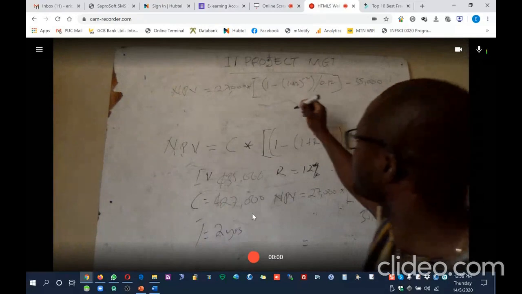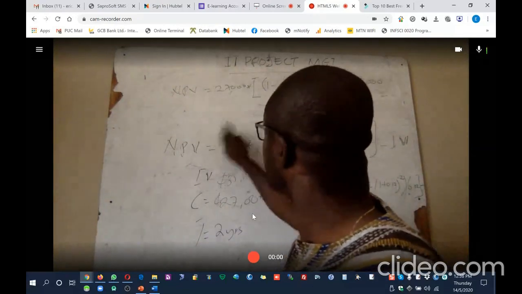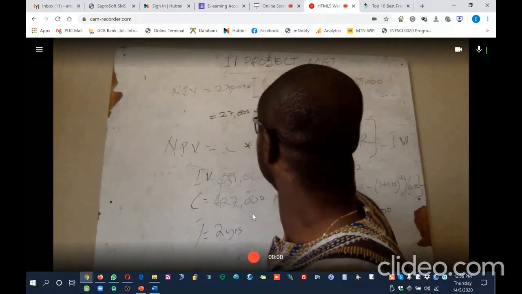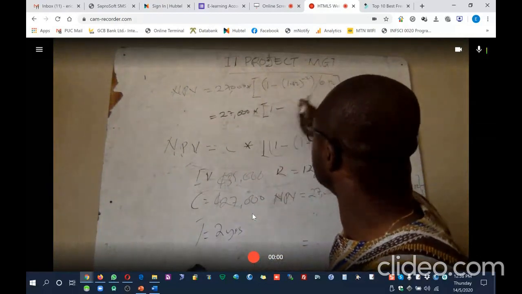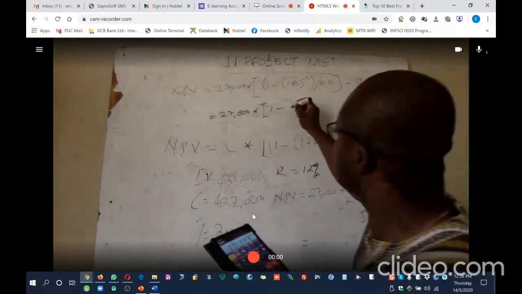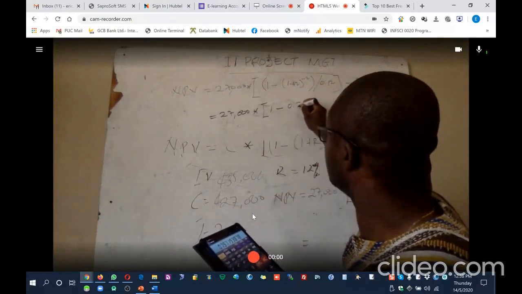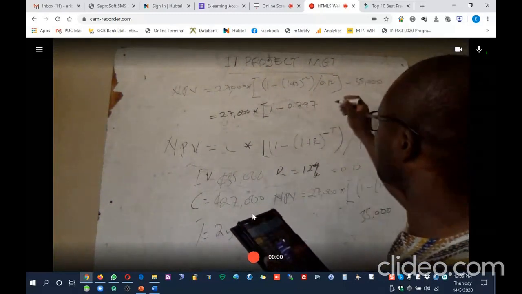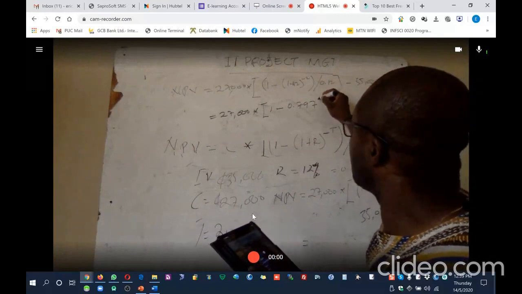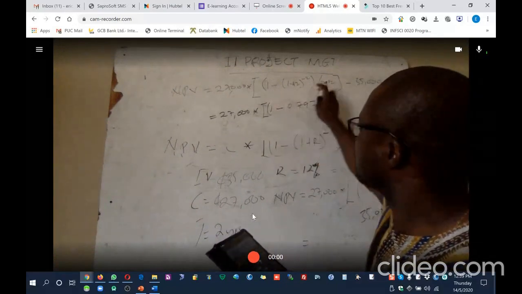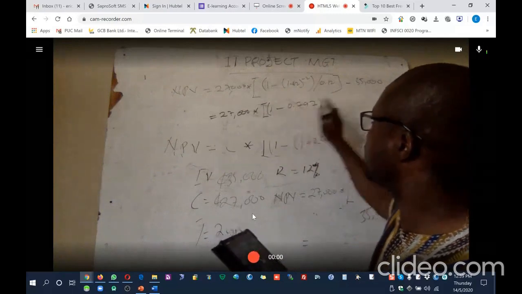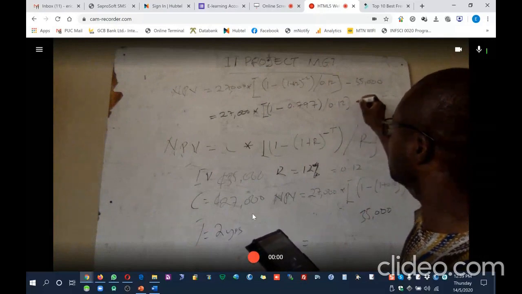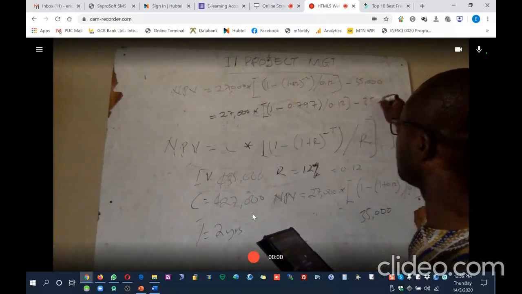So that becomes, so coming down, equal to 27,000 times into bracket 1 minus. So what I got there is 0.797. Try and see if you get the same figure. Okay, then that closes the bracket. So this bracket is closed here. And then I divide all that by 0.12. Then I subtract 35,000 from it.